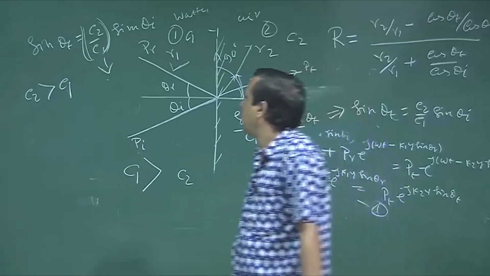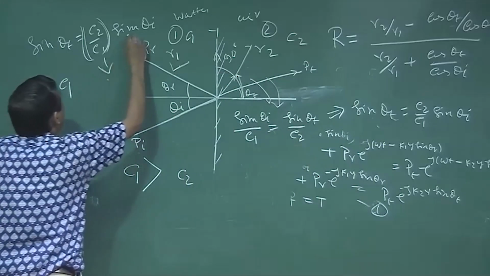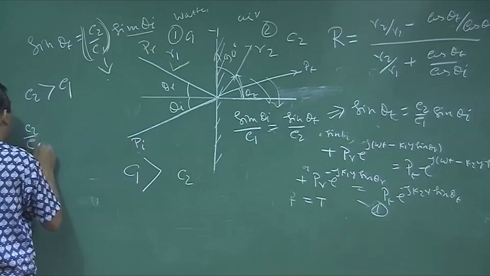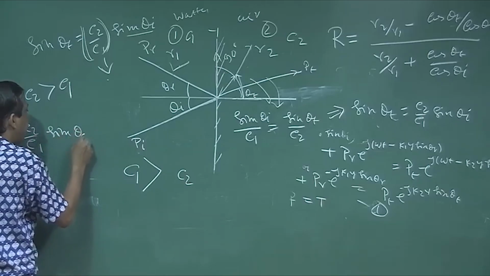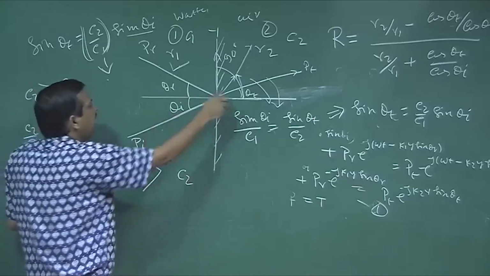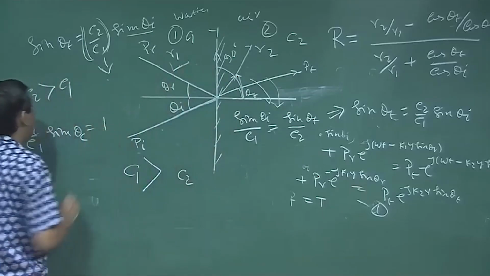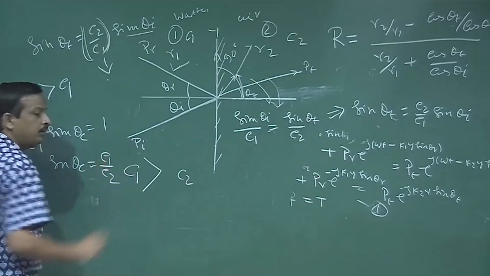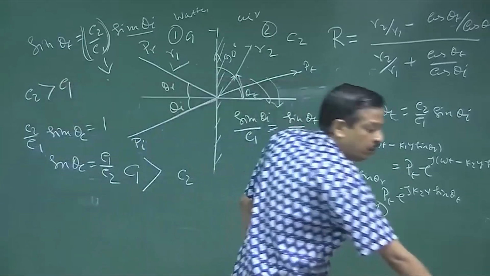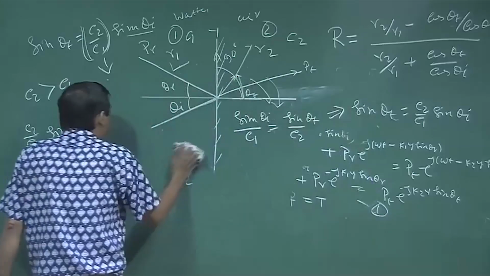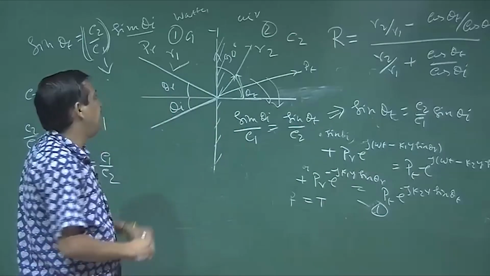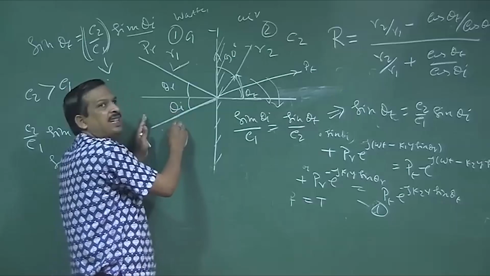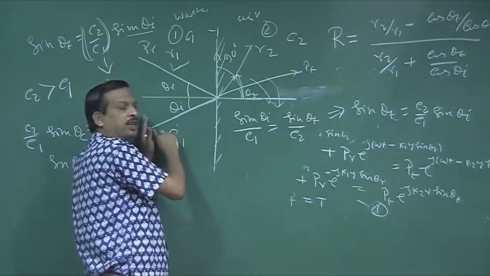So, if theta I is the critical angle theta c, then C2 by C1 into sin theta c, the angle of incidence for which the angle of transmission is 90 degrees, is equal to 1, or sin theta c is equal to C1 by C2, where C1 is the velocity in medium 1, which is the incident wave medium, and C2 is in medium 2.